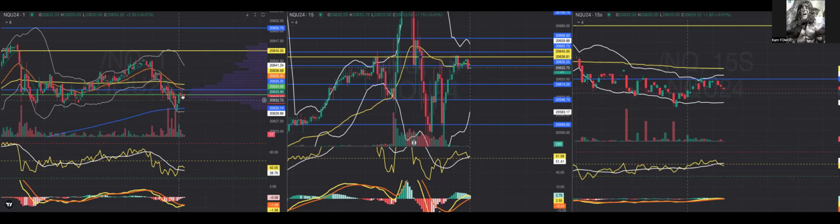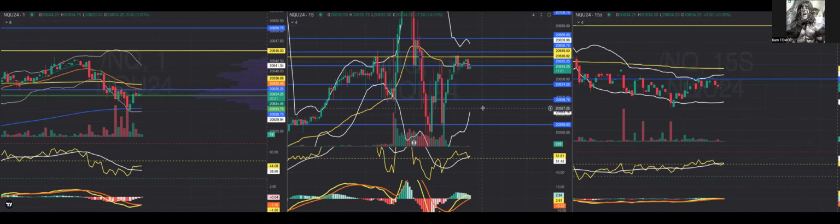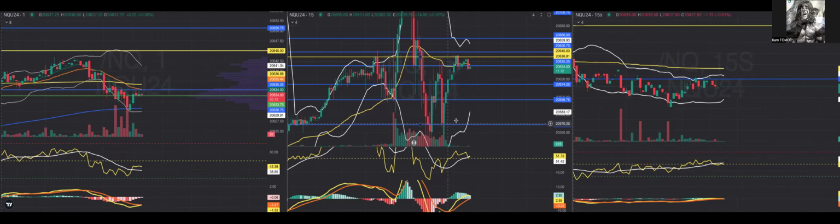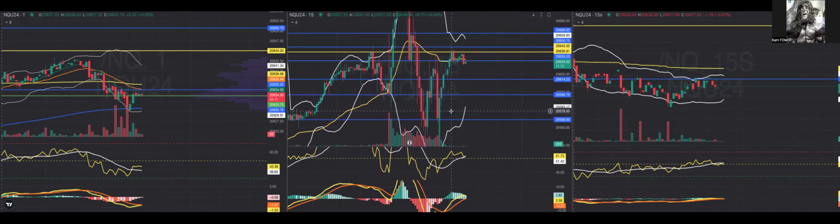All right. So we got to see if it's gonna flag out here on the one. So basically, I use the 15 to tell me the bigger story, and once I see price approaching my levels, like the blue lines that I'm making, I go here or I go here. I'll look at them both for confirmation.